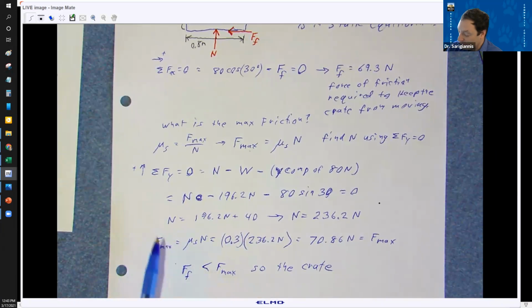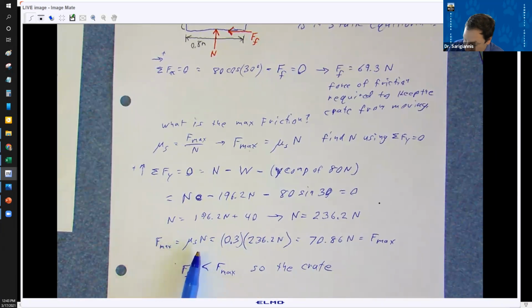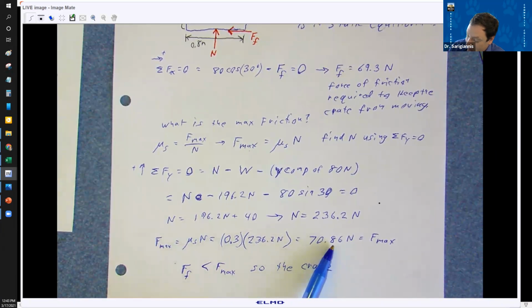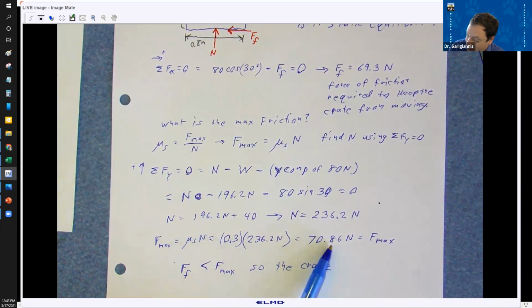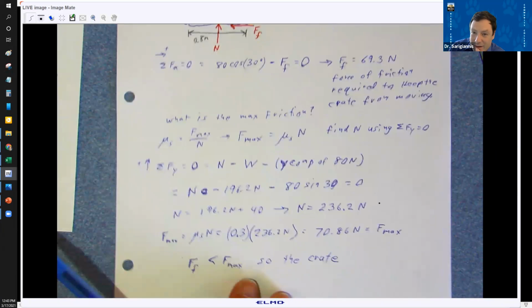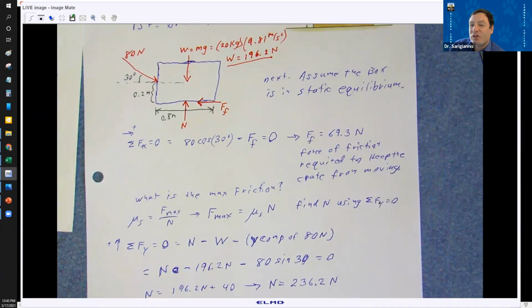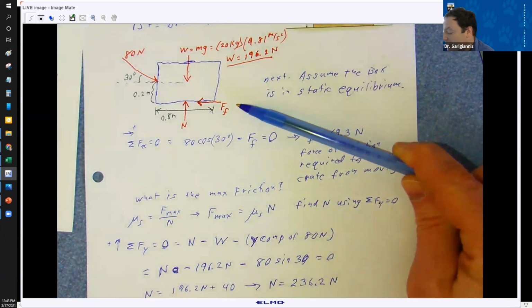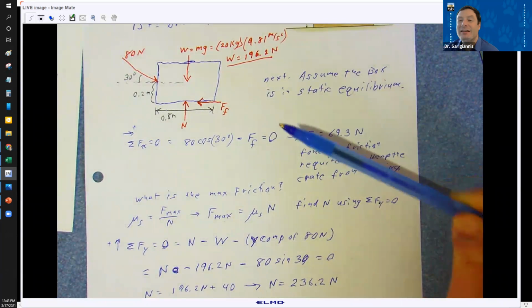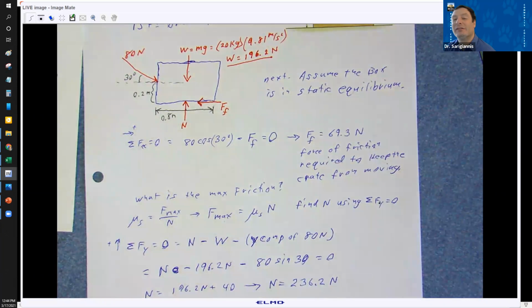The maximum force of friction that we can expect to see is given to us by this relationship. The coefficient of friction times the normal force. Right? We figured that out. That's 70.9 newtons, right? This is how much friction we need to overcome. Up here, we did the analysis of how much friction we need to keep this thing static, stationary, not moving, right?